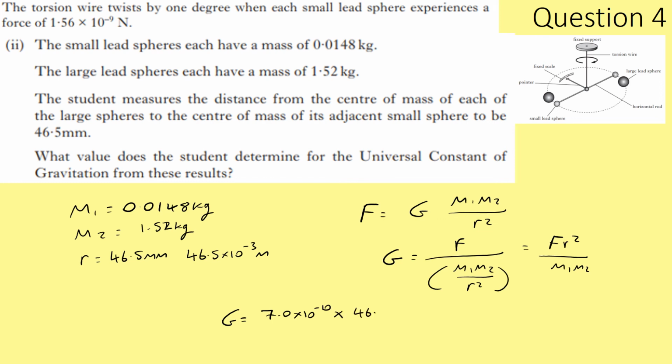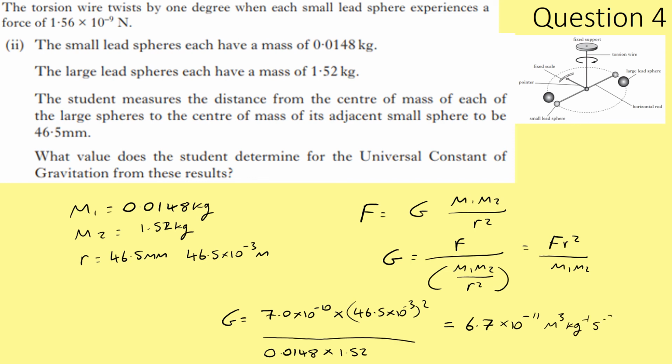That's 46.5 times 10 to the negative 3 squared, divided by our mass product 0.0148 multiplied by 1.52, giving us a value of 6.7 times 10 to the negative 11 meters cubed, kilograms to the minus 1, s to the minus 2.